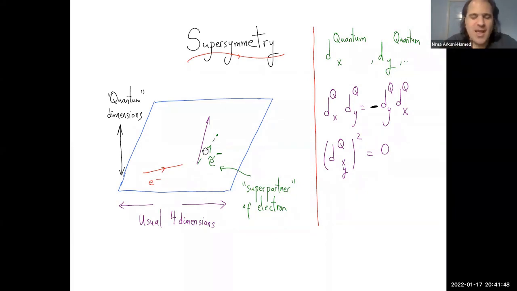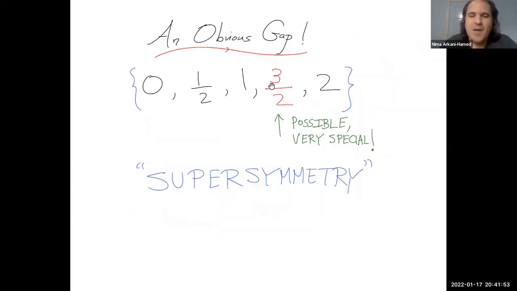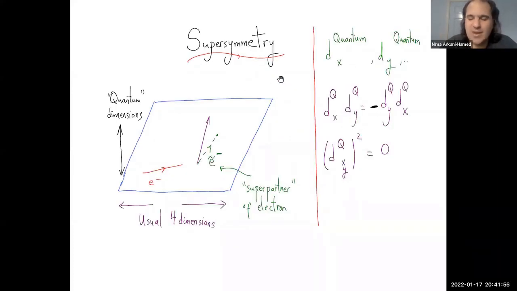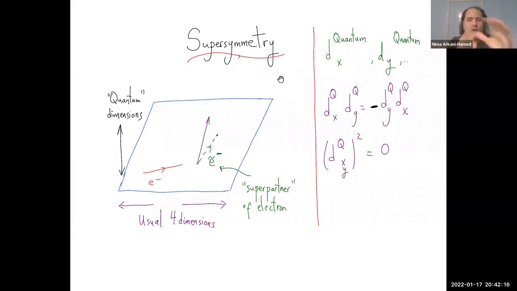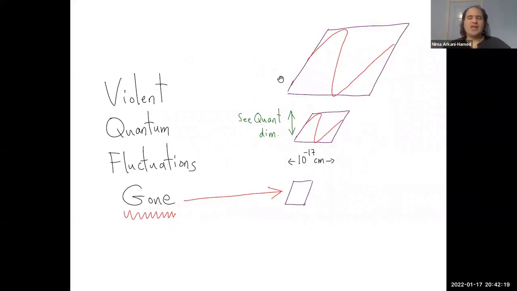Now, as I mentioned, this turns out to be a necessary structure if you want to have elementary particles of spin 3/2. But why does it solve this violent quantum fluctuation problem? The reason is, if we imagine going back to our picture of the box and making the box smaller and smaller, imagine at some point the box gets small enough that you're able to excite things into the quantum dimension. Another thing I should have mentioned is that there's supposed to be a symmetry between the ordinary dimensions and the quantum dimensions. As you make the box smaller and smaller, we have more and more violent fluctuations, but at some point you see the quantum dimensions.